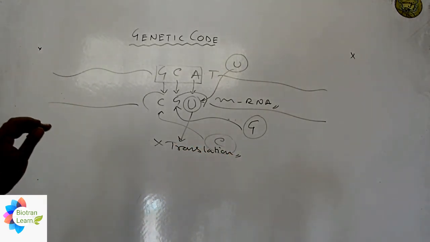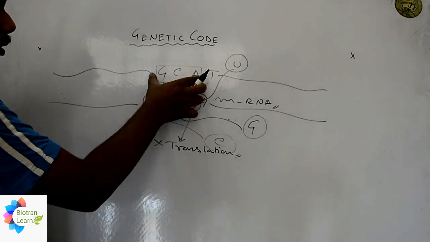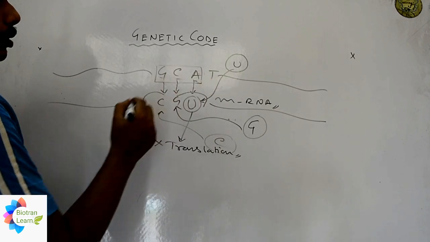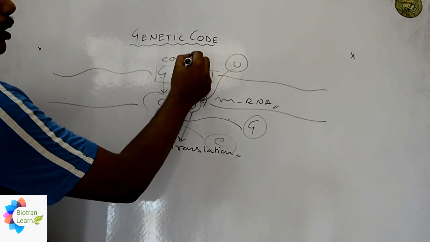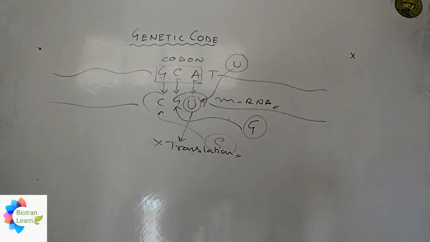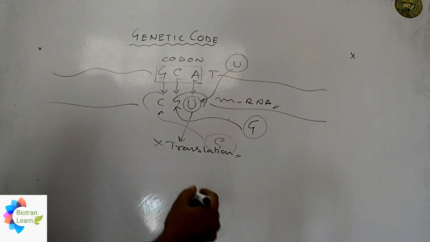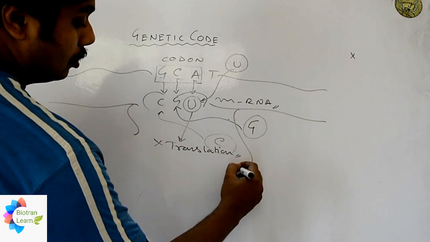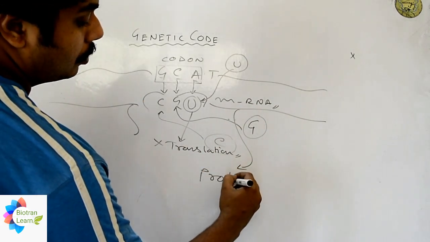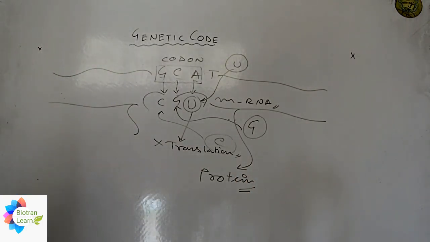So this was the basics of the genetic code. These three bases are known as a codon, and this codon will help us transcribe a particular mRNA, and that mRNA will lead us to a particular protein structure. So let's see how it works and what the different salient features of the genetic code are.